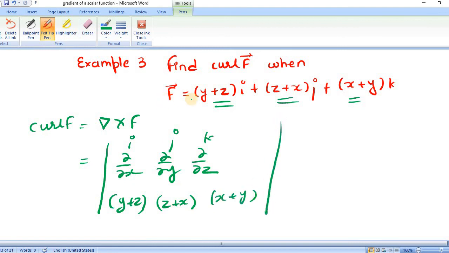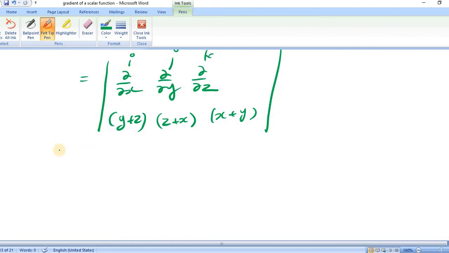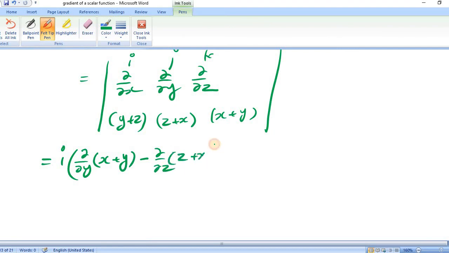Now we need to expand this determinant to evaluate it. So this will be equal to i, and then we have del upon del y operated on x plus y minus del upon del z operated on z plus x. This is the first term, and minus j.